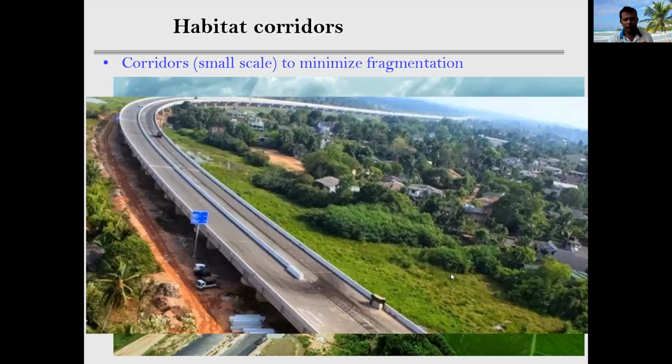But there is some, I think this is on the central highway now, they have some areas they have constructed similarly, with some interconnections where the animals can go to here. I haven't been there, I've just seen this picture.